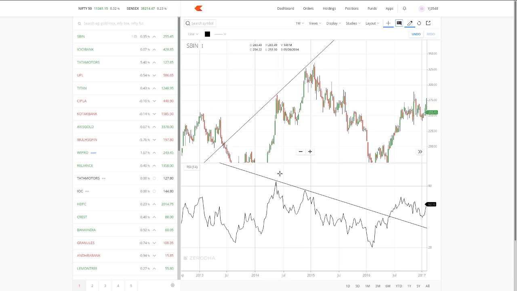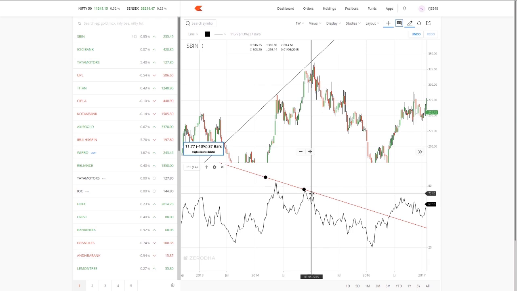Whereas at the same point in time, RSI is forming a lower high. This is a very simple example of divergence, where price is showing one thing but the indicator is showing something else.